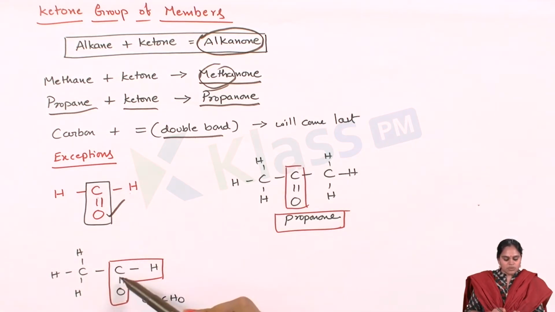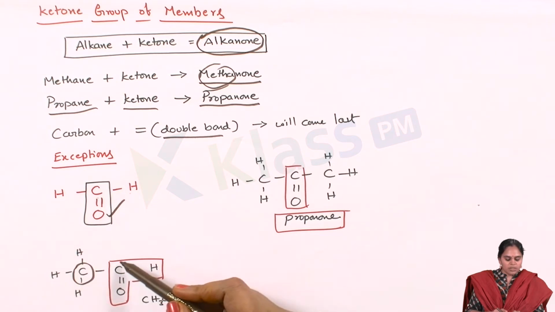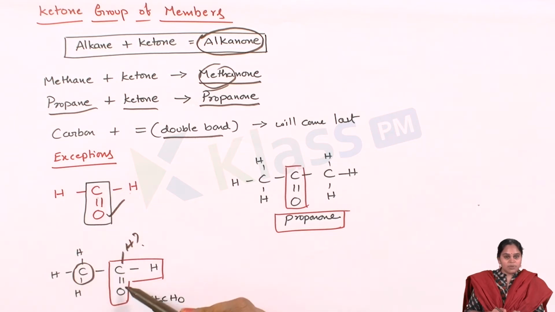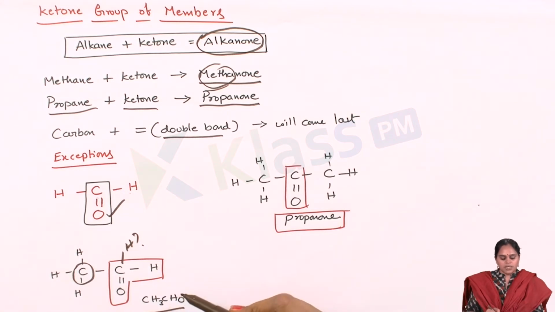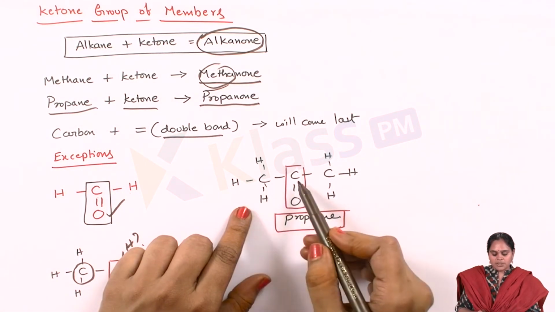You see in this also, in the carbon chain these 2 carbons are available and hydrogen is fulfilled for this carbon, and for this carbon no hydrogen came, so that it made a double bond with oxygen. So what is formed here? CH3CHO is formed. This is ethanal. See here, this is propanone. 3 carbons are there.